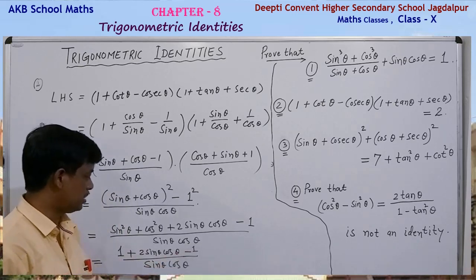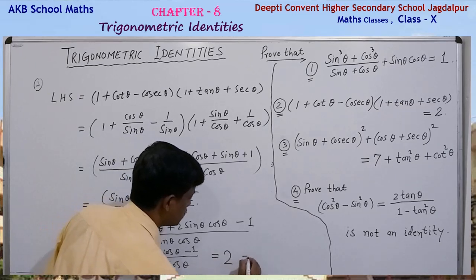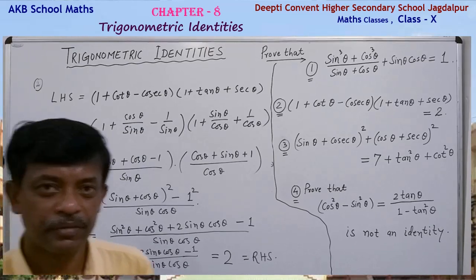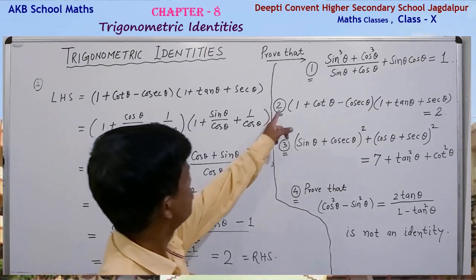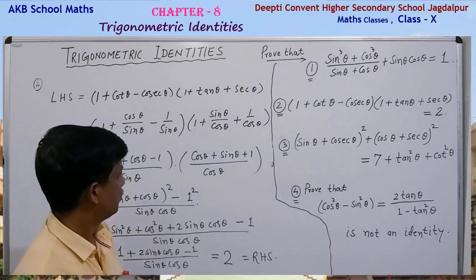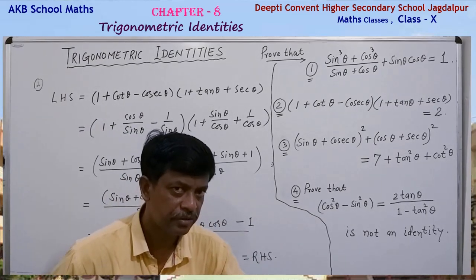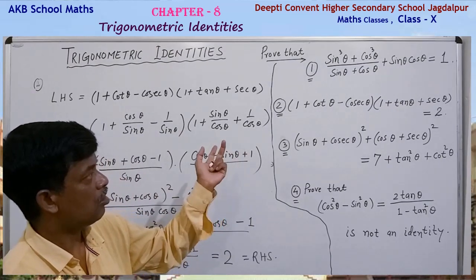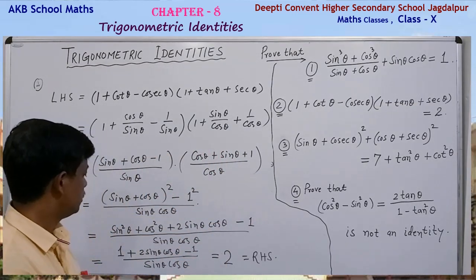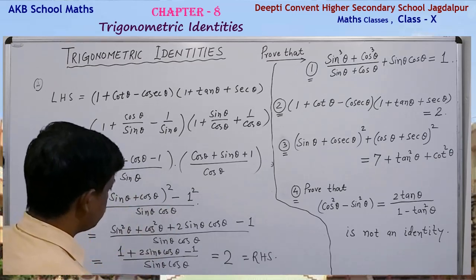Here 1 and 1 cancel, sin theta cos theta also cancels, we get 2, which equals the right hand side. Clear? This is the proof of the second. Very simple: give preference to converting tan, cot, everything into sin and cos, and then proceed like this, using the identity sin square plus cos square equal to 1.